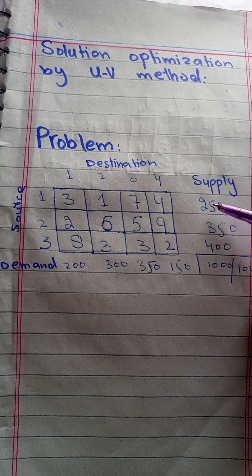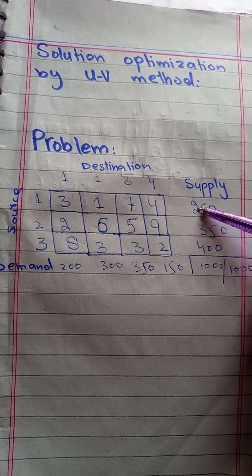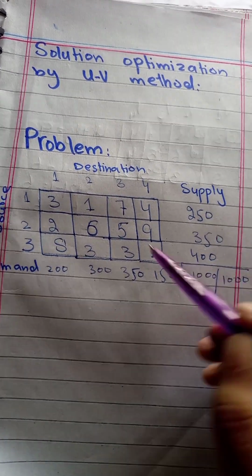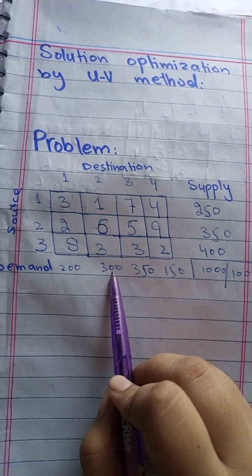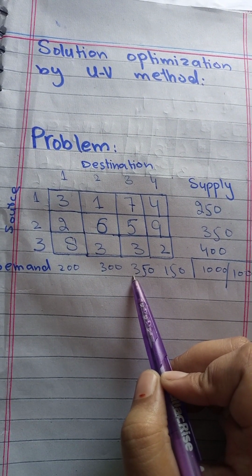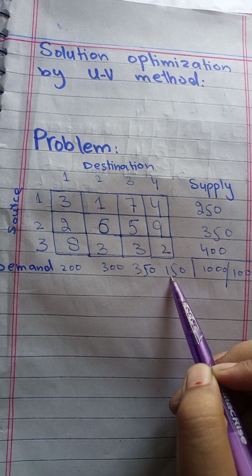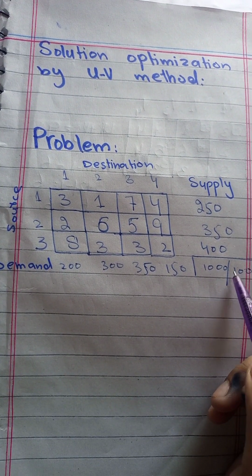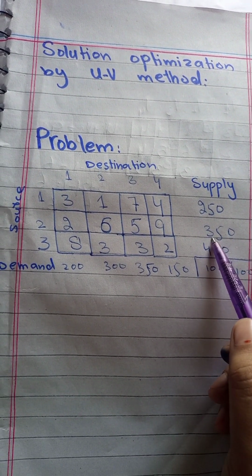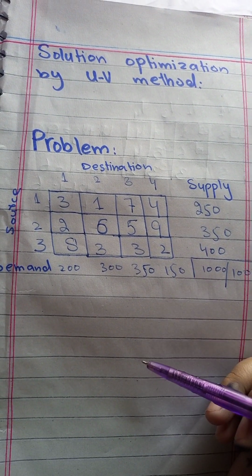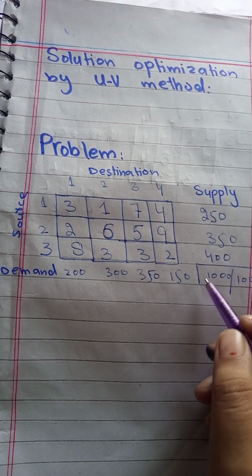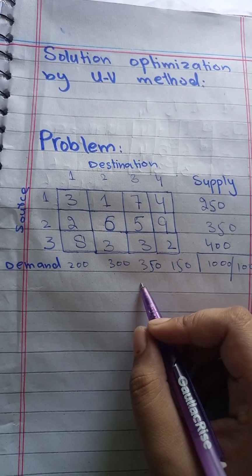So we have to check it. 300 plus 200, 500, plus 50, 550, plus 600, 1150... the supply and demand totals match, so we get that the problem is balanced. So we don't have to put any dummy row or dummy column. We have to solve this problem by the northwest corner method.